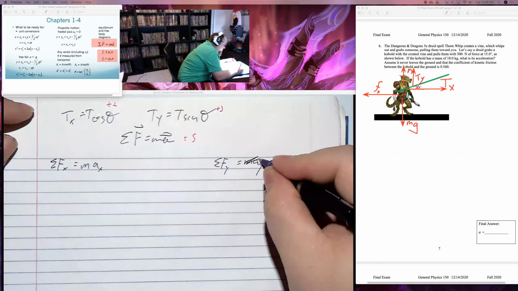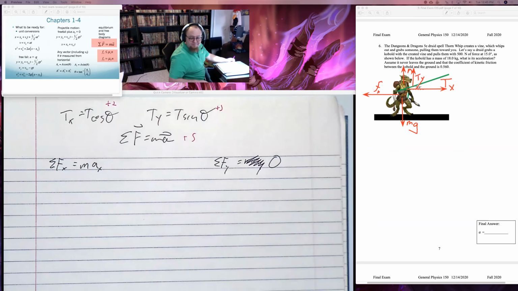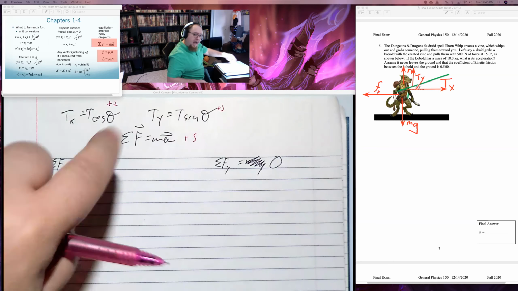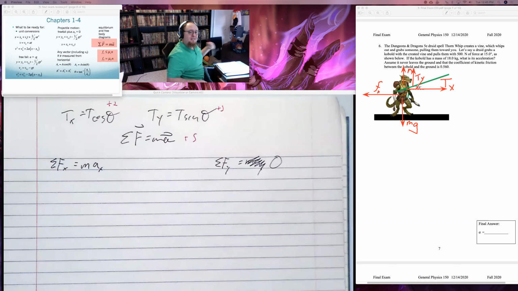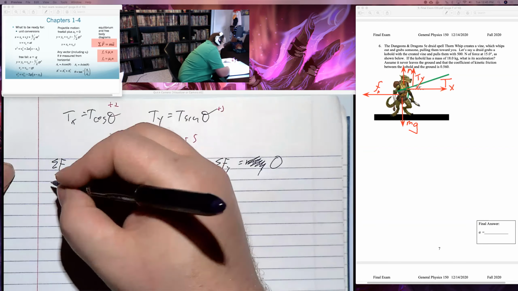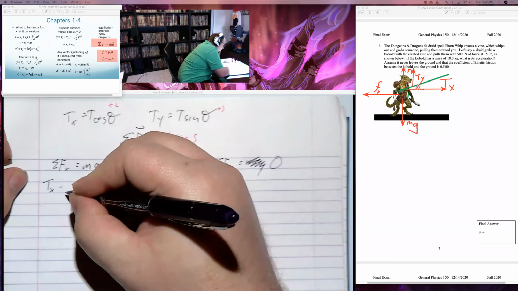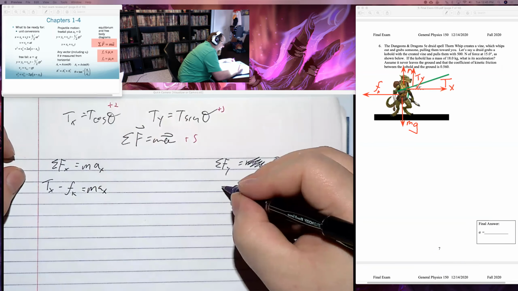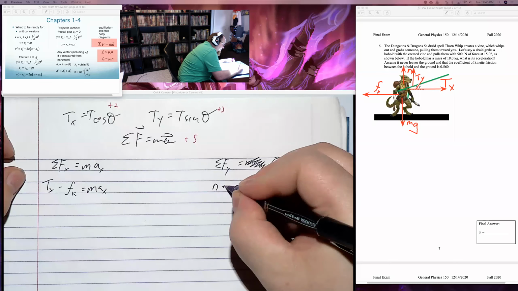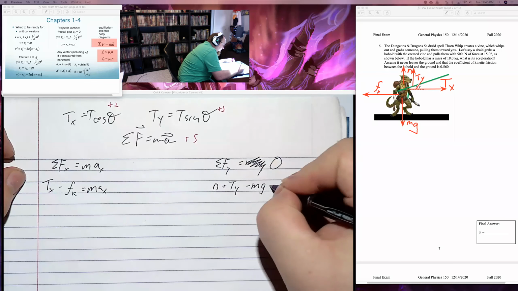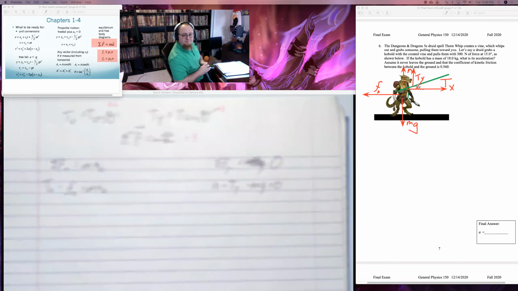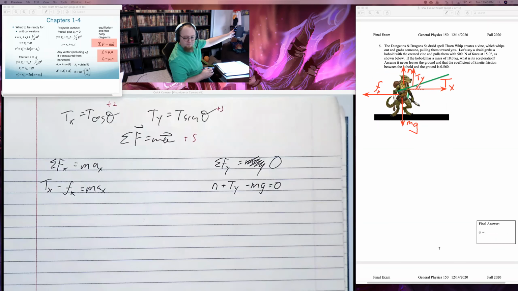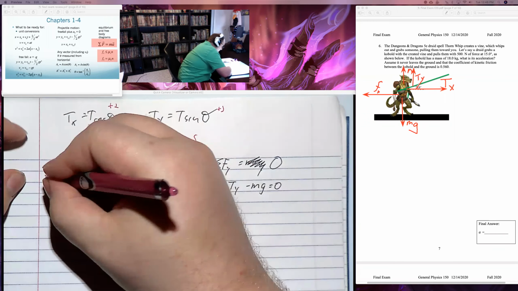So I can assume there's no acceleration in y. And I'll make my equations. X is always everything to the right minus everything to the left. That means my x equation is Tx minus fk equals ma. And my y is up minus down: N plus Ty minus mg equals 0.